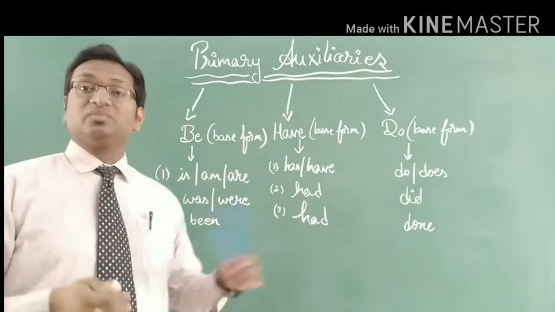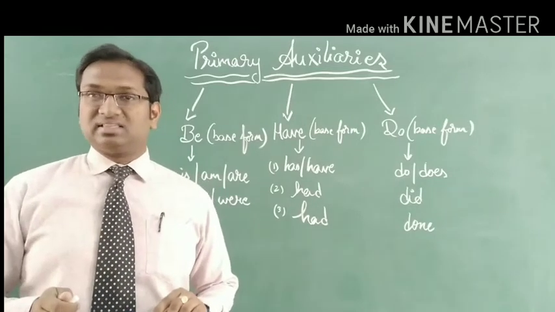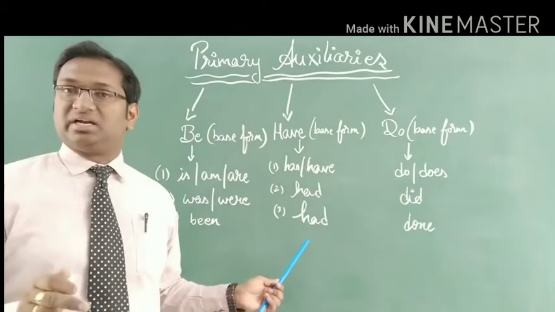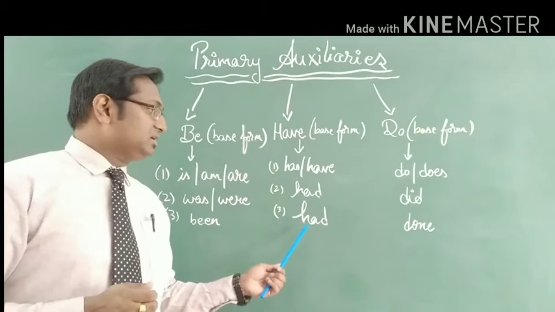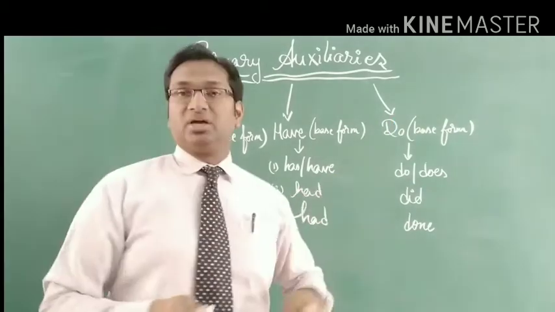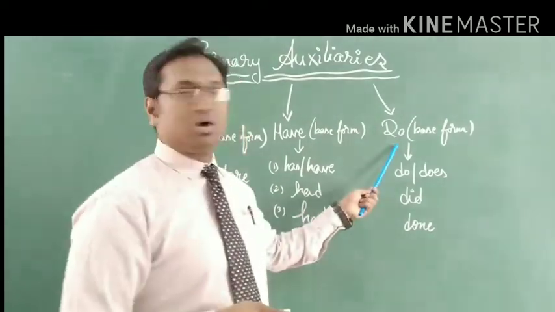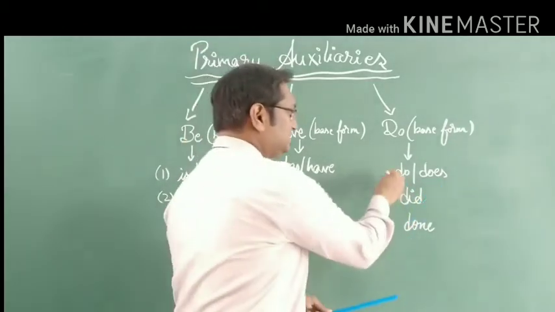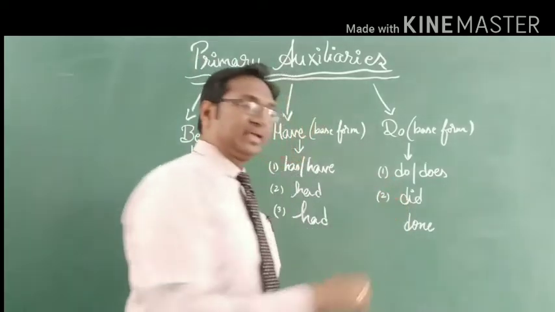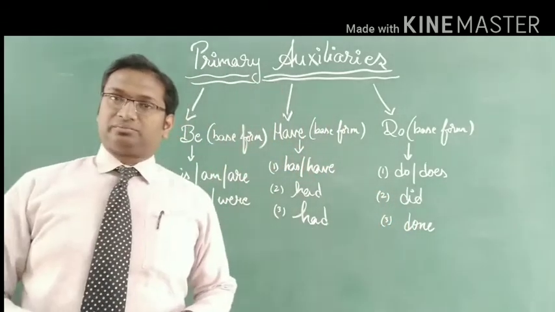Third form: he had studied last night. So over here, had and studied. Studied is your main verb and had is your helping verb. Now third base form is do, and other forms of do: do, does, first form, did, second form, and done, third form.